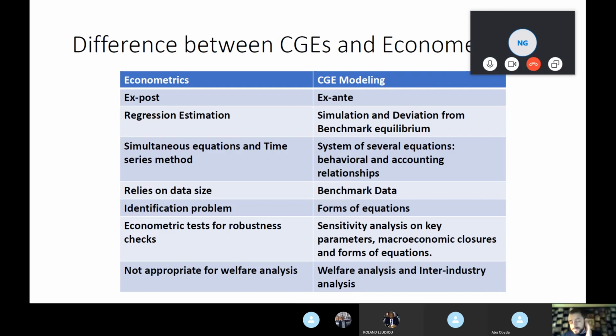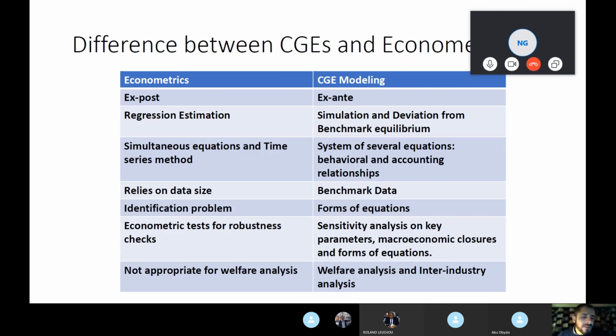And this is why, in terms of data, it's less demanding compared to econometrics. And we'll see later that, indeed, constructing a social accounting matrix might be costly, might be time consuming, but it is, I would say, in terms of data size, less demanding.